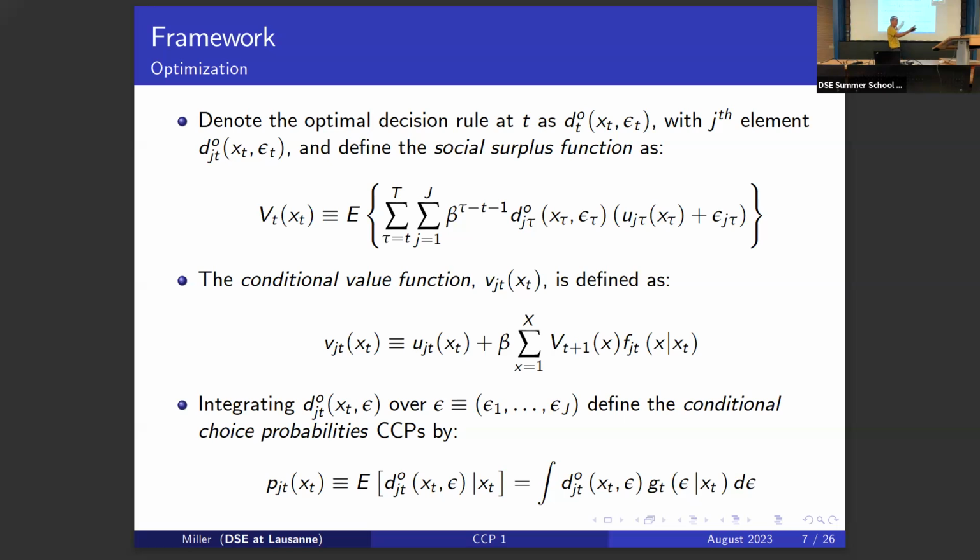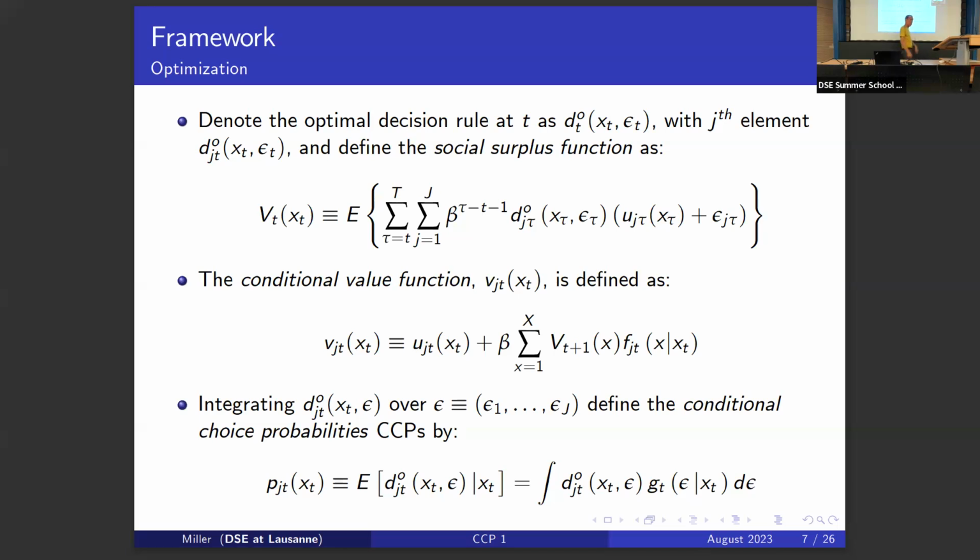So I'm leaving the epsilon out, and then I'm asking, what is the expected value of the rest of my life from tomorrow onwards when I'm integrating over what next period state variables are going to be, and also discounting, since I don't get to the rest of my life until tomorrow, therefore I'm discounting it by beta.